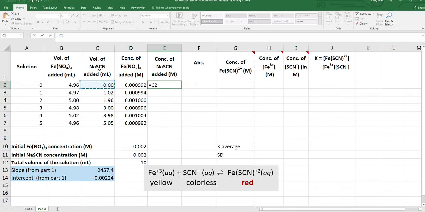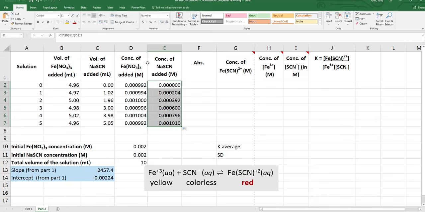So volume is this one times concentration is that one, and again you want to put $ sign F4 divided by volume, and again F4, or you can type $ sign, whatever you find easy, enter, and then double click. All right, so now we know the initial concentrations of iron and thiocyanate.